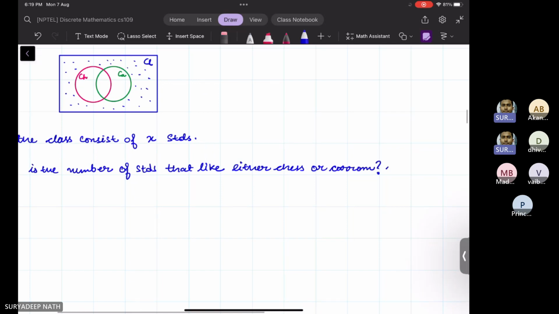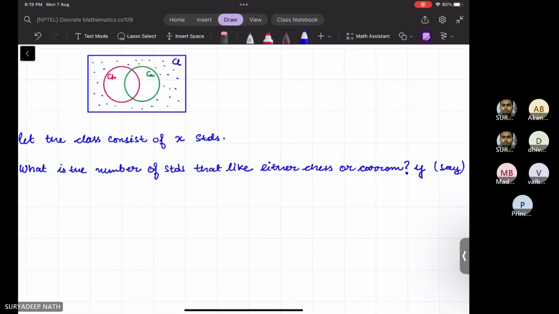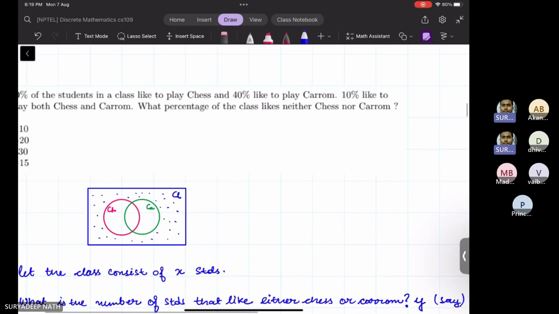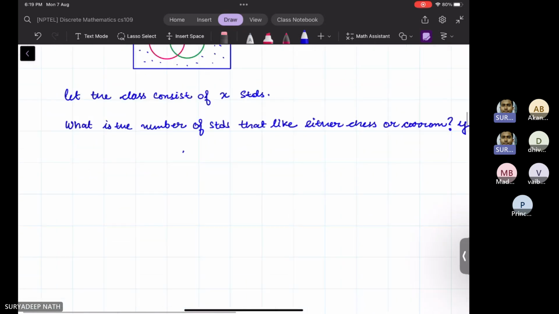Let us denote it by y, say. So our answer, who neither likes chess nor carom, would be basically the total number of students minus y, which is the number of students that like either chess or carom. So we'll have to basically find y.